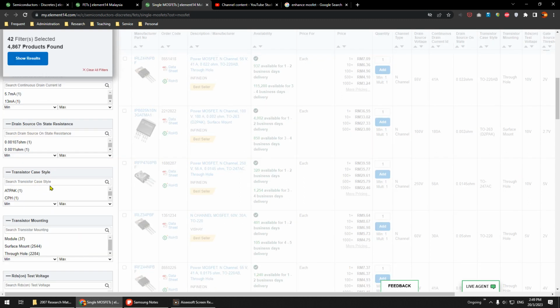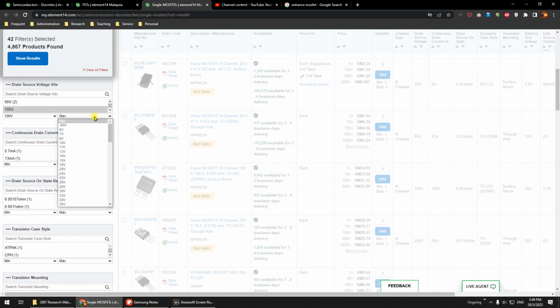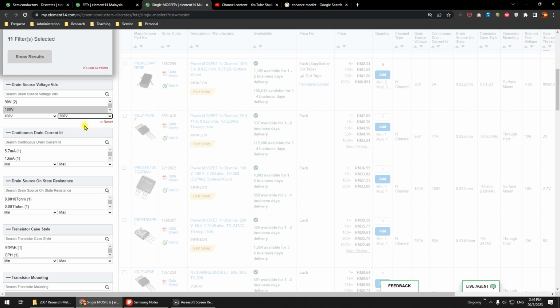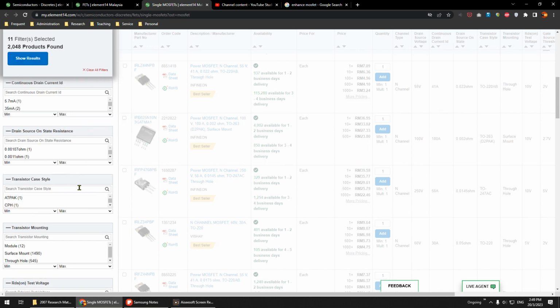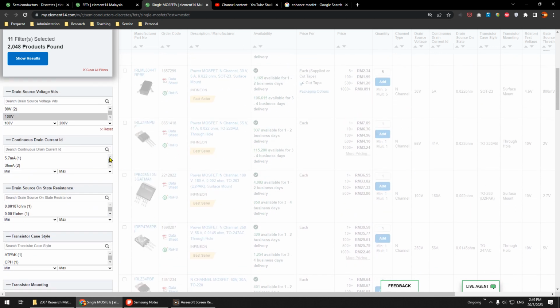And like I said before, don't just click 100 because it will become very limited. So maximum is 200. You also have to put the maximum because if not, the expensive one also comes out. You also have to make sure the budget is within your limit.